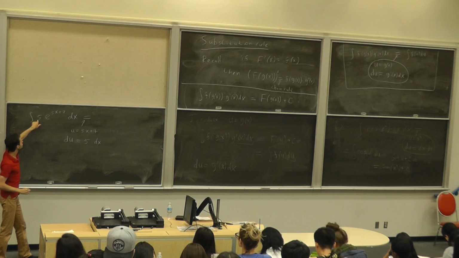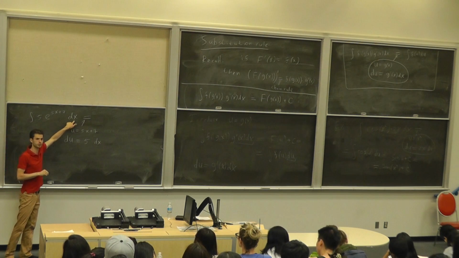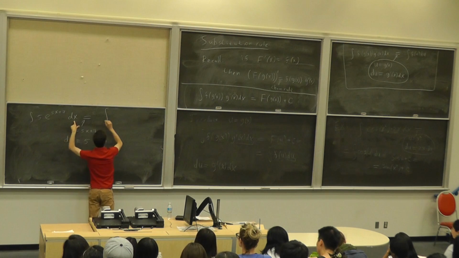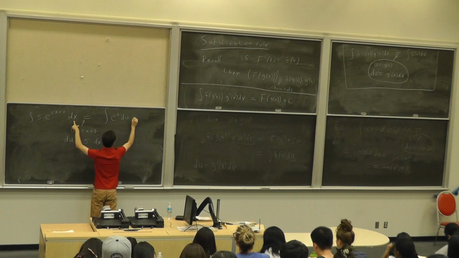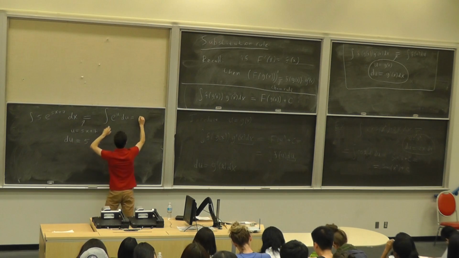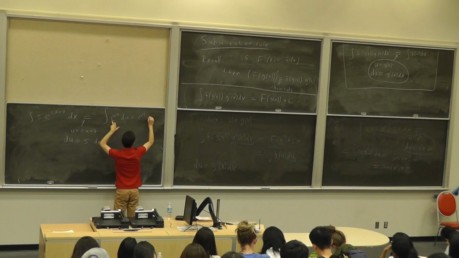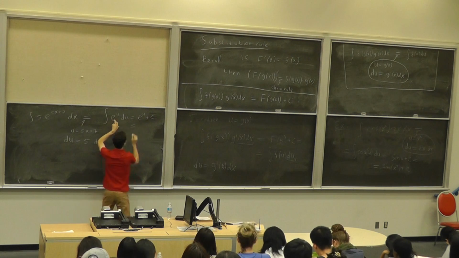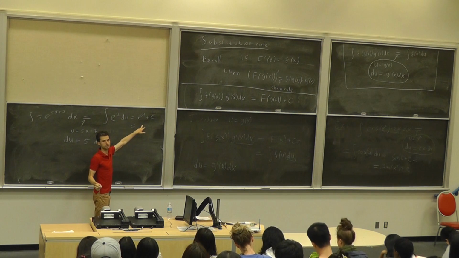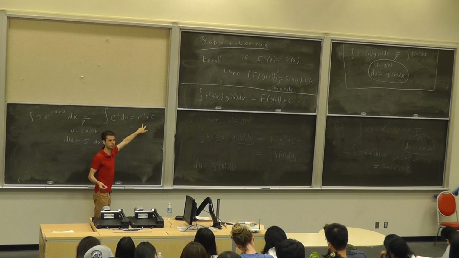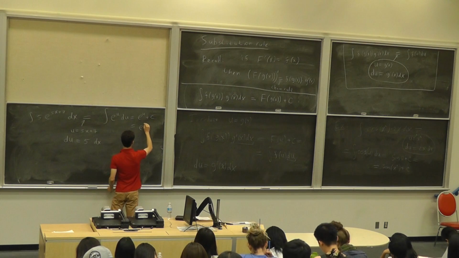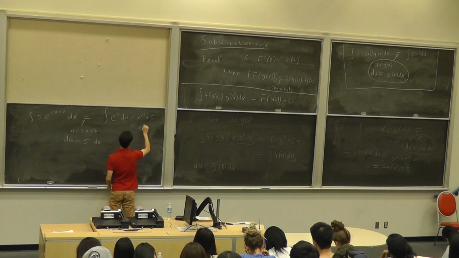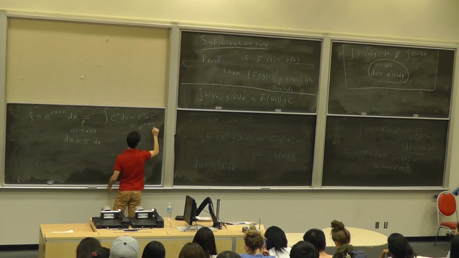Now we recognize that this 5 times dx does appear here, so this will be the integral of e to the power u times du. And the answer is e to the power u plus a constant. And once again, you want to translate everything back into functions of x. So u is 5x plus 7.